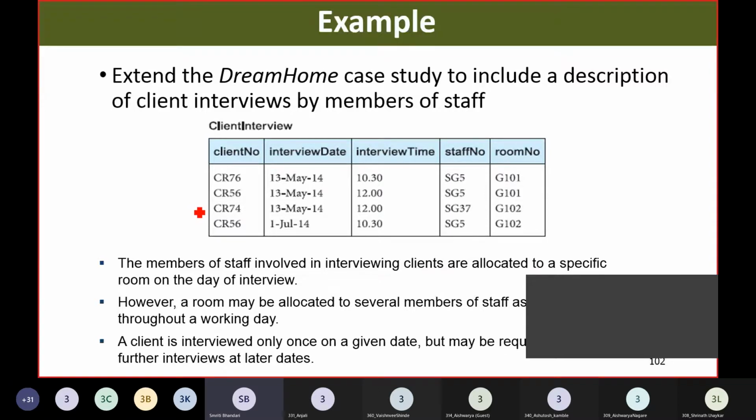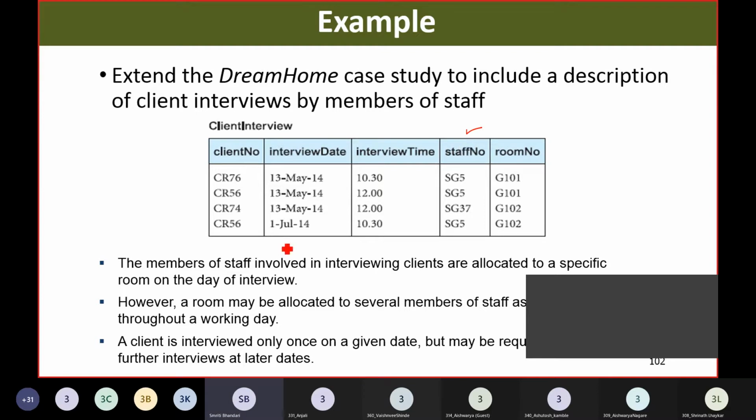The staff members carry out the interviews of the clients on a particular interview date and time.